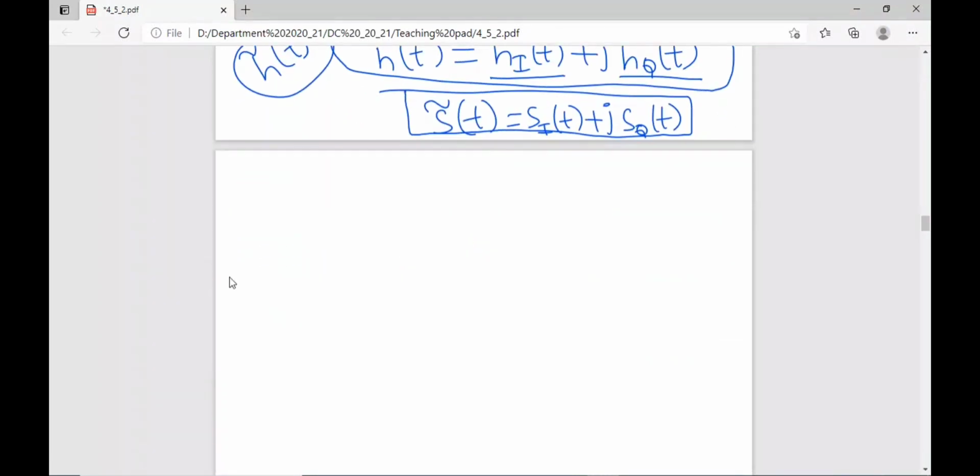H tilde of t is nothing but the complex envelope. We know how to get the complex envelope. So we can write H of t as the real part of H tilde of t into e power j 2 pi fct.